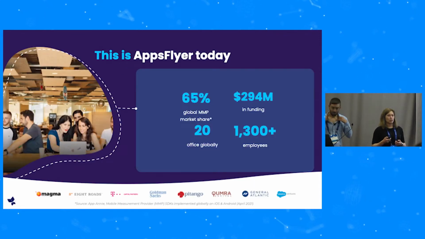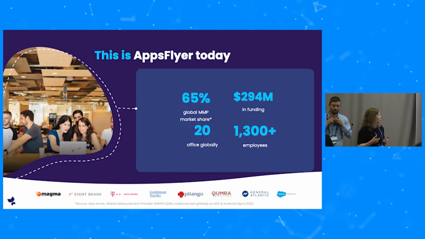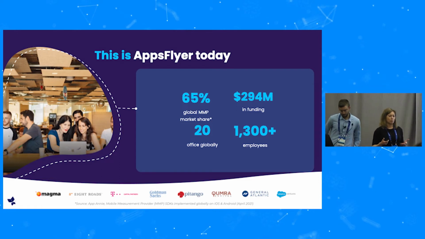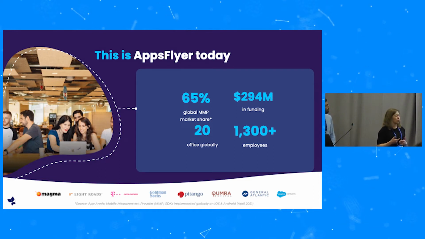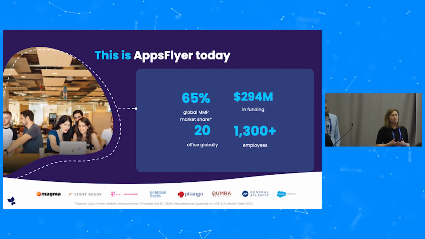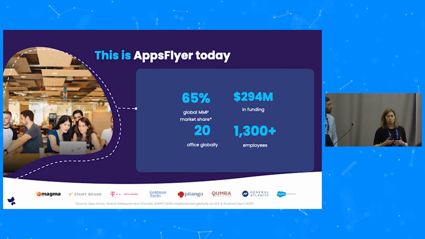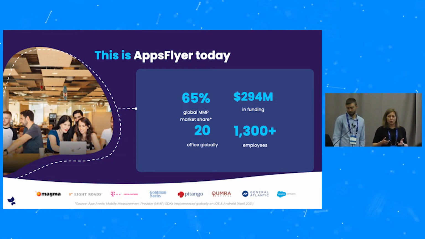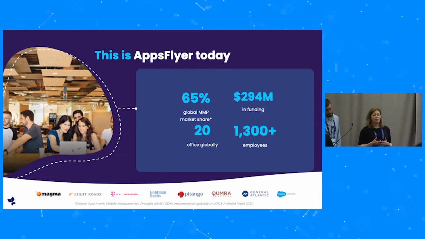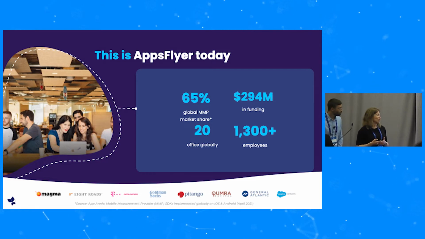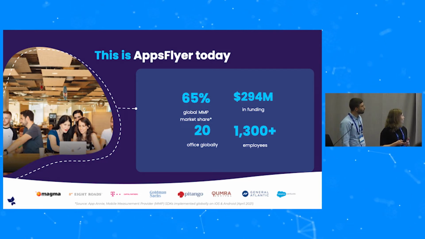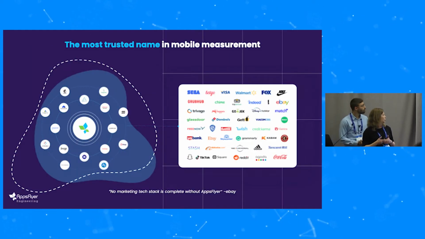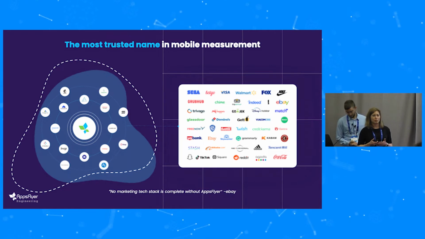Today, AppsFlyer is global and has 65% of the mobile attribution market. It's a leading platform in mobile attribution. We have over 100 employees spread across 20 offices globally, and about half of them are the R&D team located in Israel. All of our products are developed in Israel. We are very proud of our customers, and also of the collaborations that we have with our partners.